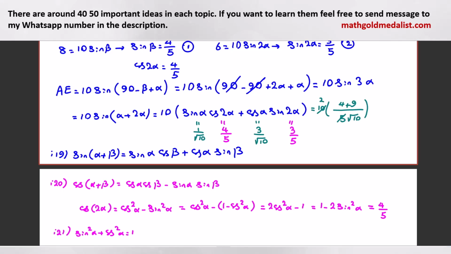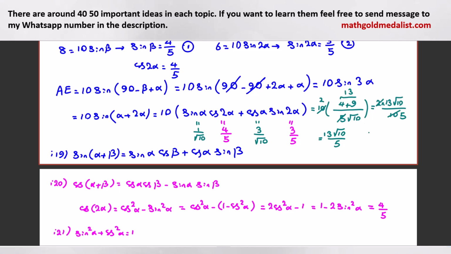And then it is equal to 4 plus 9, 13. Now we can multiply both numerator and denominator by root 10. It is this over 10. If we rationalize, then we can divide by this. It is 13 root 10 over 5.